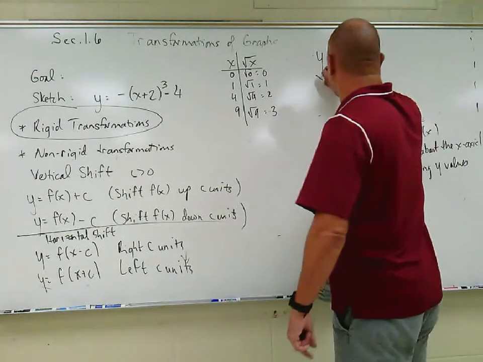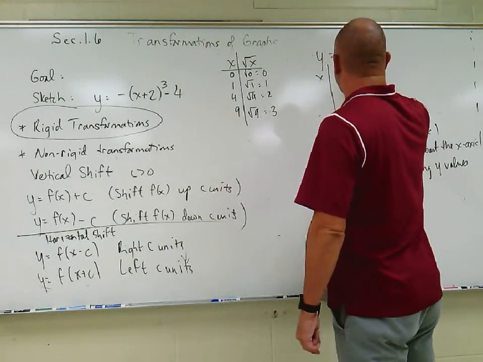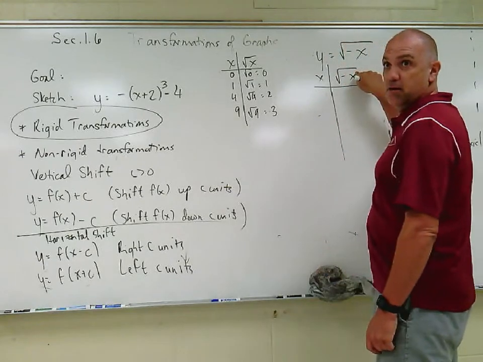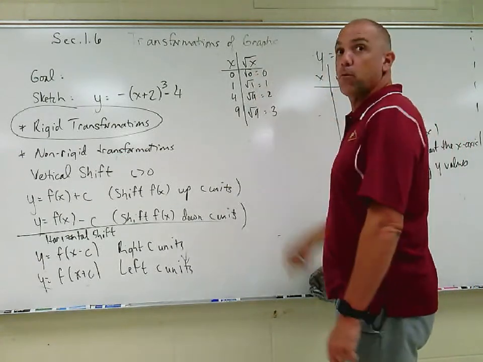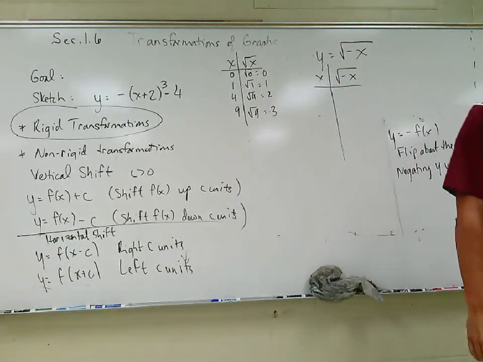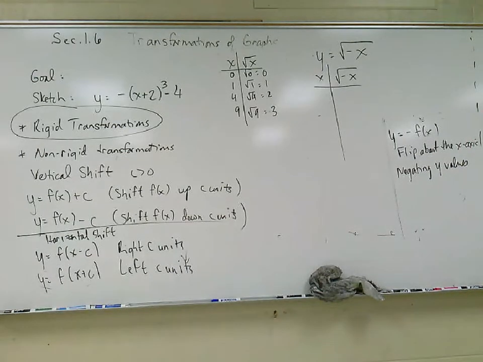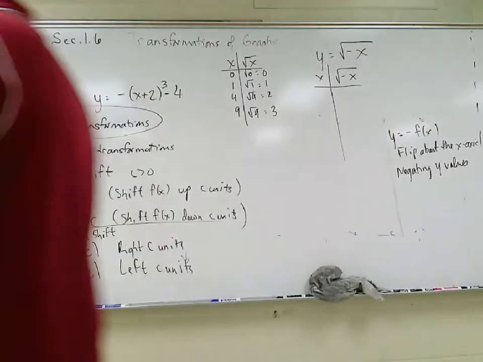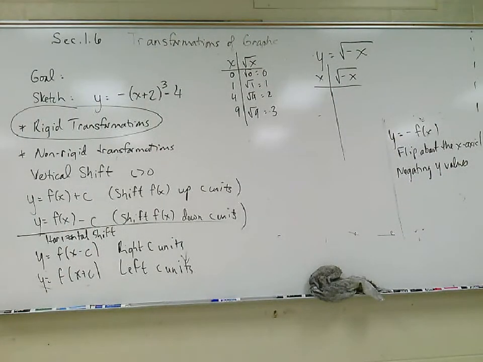So you make a t-chart for this. Pick x's so you never get a negative in here. What do you want on the inside of the house? Positive perfect squares. So pick the x's so that you have positive perfect squares on the inside of the house. Go ahead. And you can have a 0.